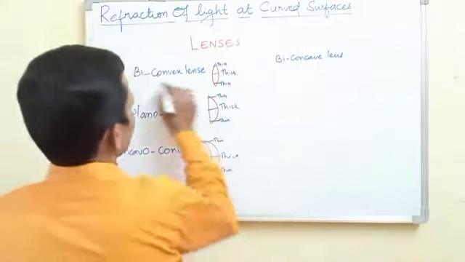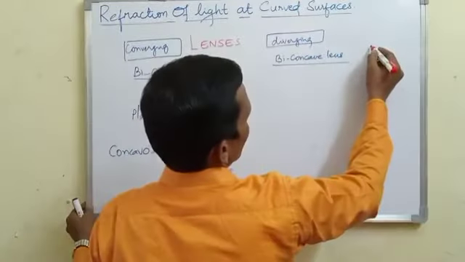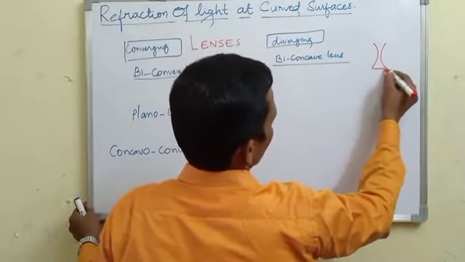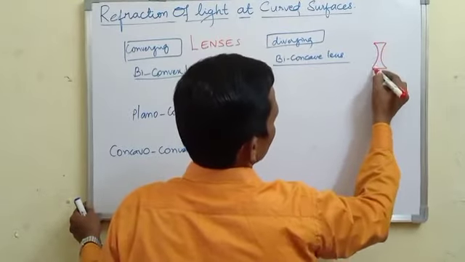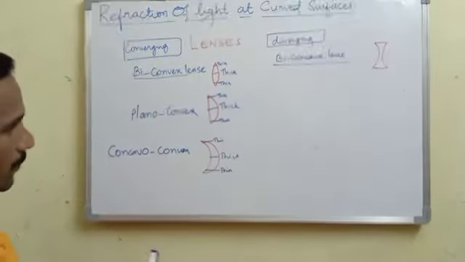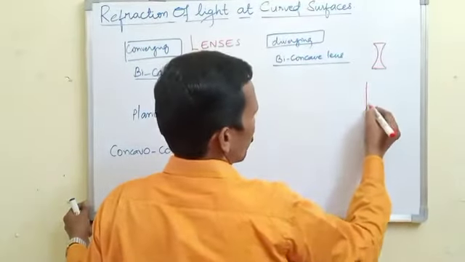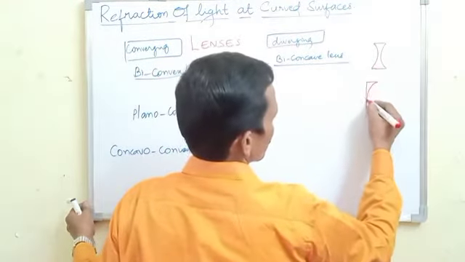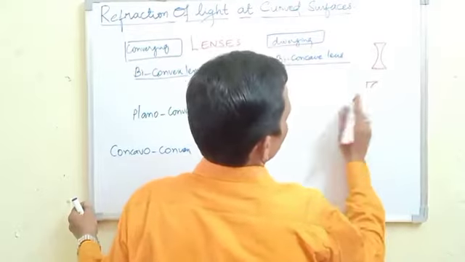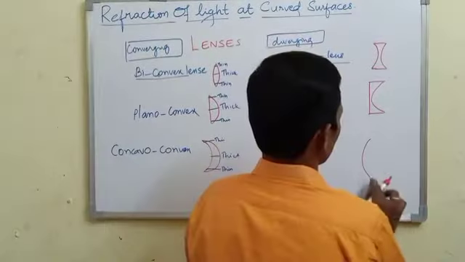And the other one, the diverging lens. This is the biconcave lens. And this is the plano concave lens.